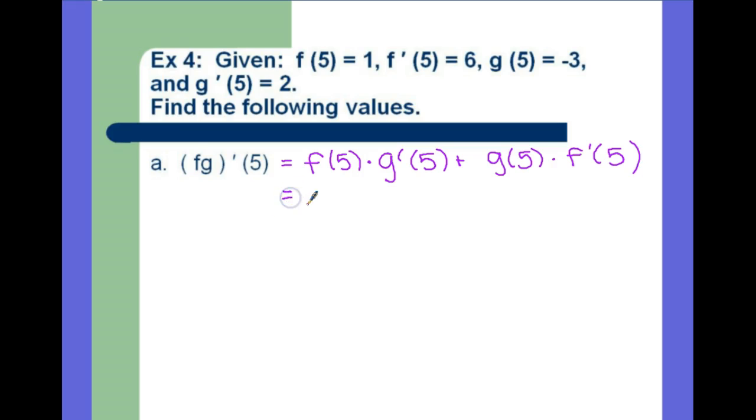Then we plug in: f of 5 is 1, g prime of 5 is 2, g of 5 is negative 3, and f prime of 5 is 6. 1 times 2 is 2, negative 3 times 6 is negative 18, so we get negative 16.